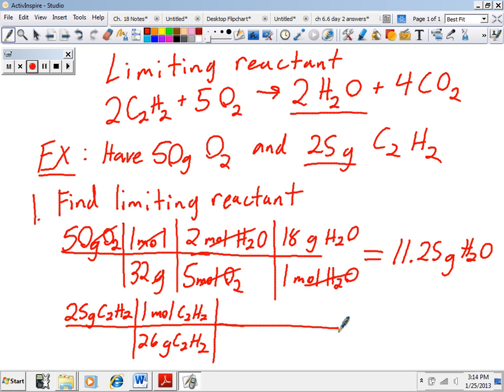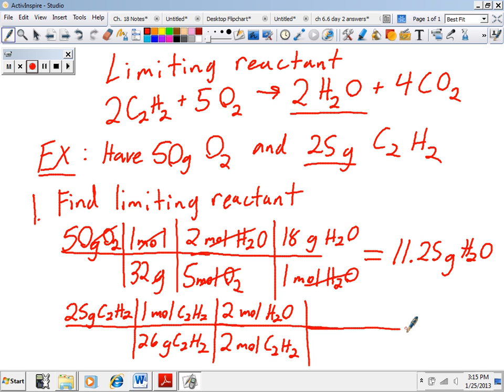Doing the molar ratio, we have 2 moles of C2H2, and that comes from the balanced equation above, is equivalent to 2 moles of H2O. So it's a 1-to-1 molar ratio, and you could have used that if you wanted to.